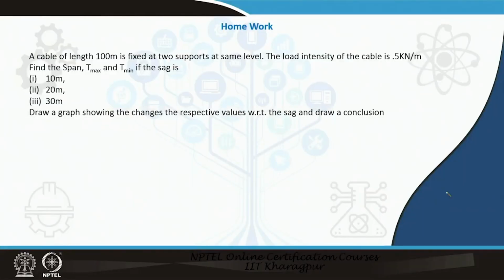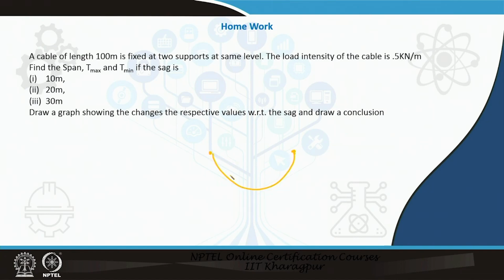So I have one homework for you. A cable of length 100 meter, the actual length of the cable is 100 meter, is fixed at 2 points at the same level. Suppose these are the 2 points and this is your cable, so the cable length is 100 meter.